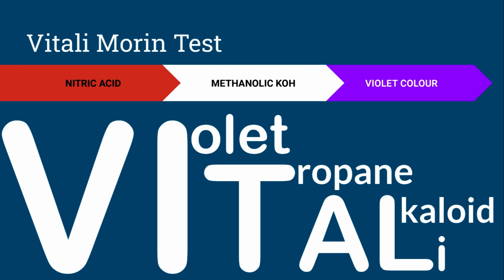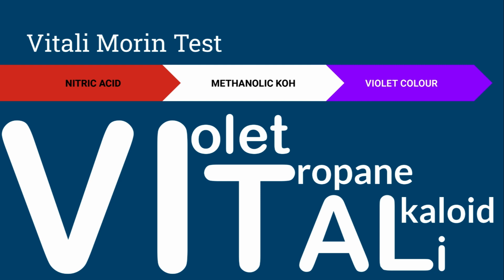From this, you can remember that the Vitali Morin test is for tropane alkaloid. You just take the word vital from the Vitali Morin test. Vi of vital is for violet, T of vital is for tropane, Al of vital is for alkaloid.